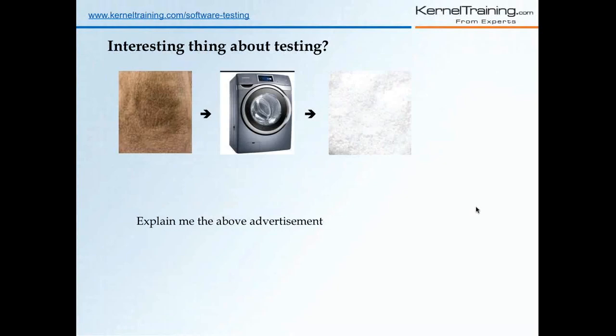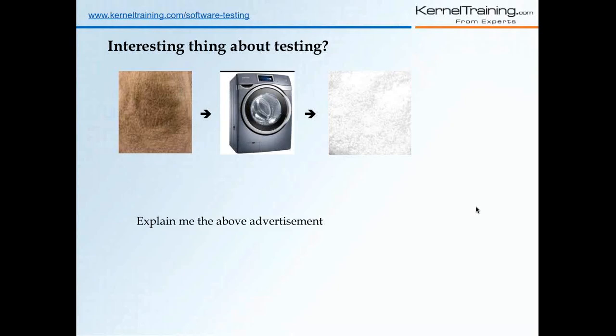Now if you look at this advertisement, given in a paper, can anybody explain what it tells? I have a dirty cloth on my left, there is a washing machine, and there is a neat and clean cloth on the right, right?